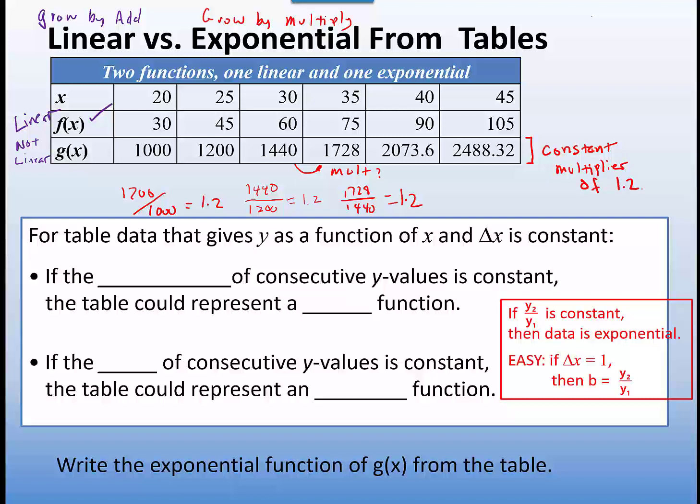Now that constant multiplier is multiplying when x changes by 5. So it takes 5 steps. If x takes 5 steps, I multiply times 1.2. If x changes by 5 years, I multiply by 1.2. So this is for delta x.